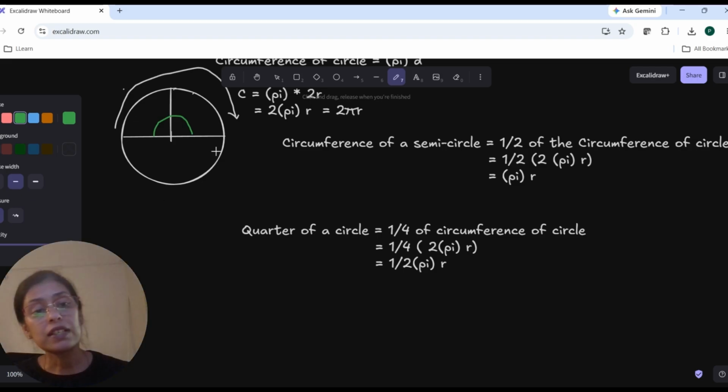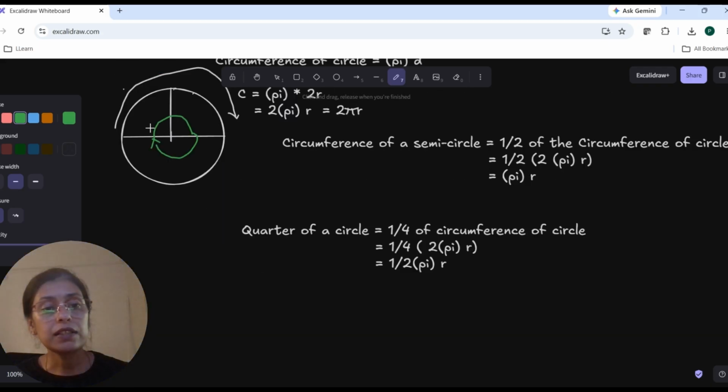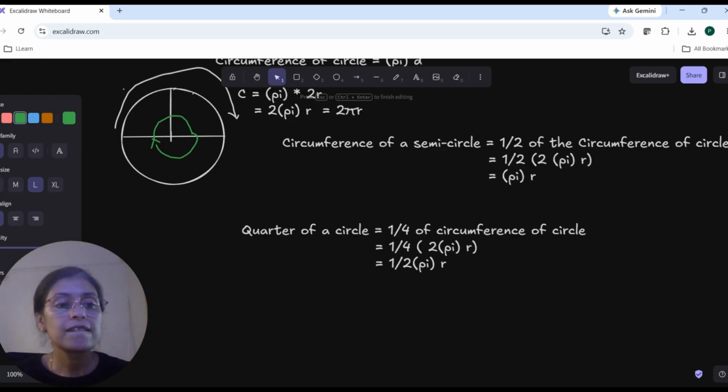So what is the angle subtended by a full circle? Full circle is this complete. So this complete angle is 360 degrees, right? Semicircle, half of this. So this is making 180 degrees at the center.